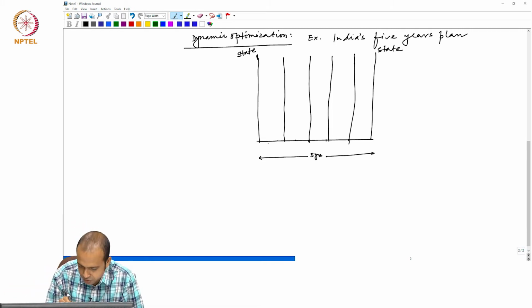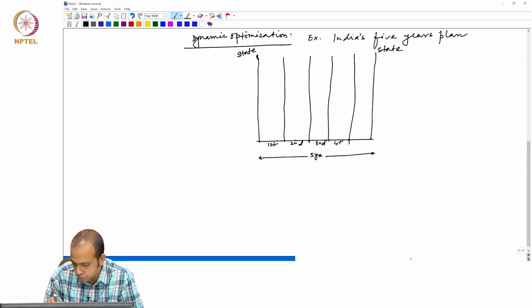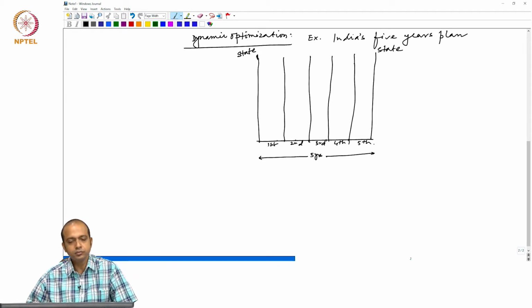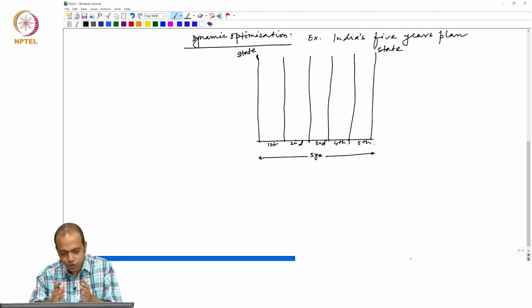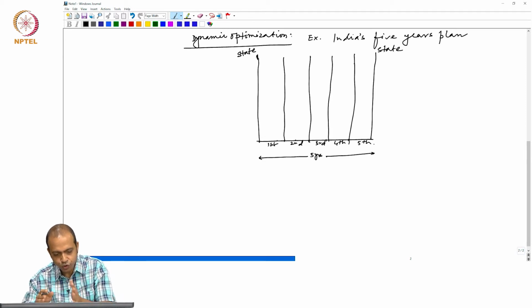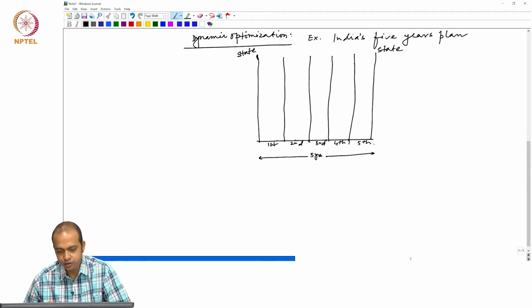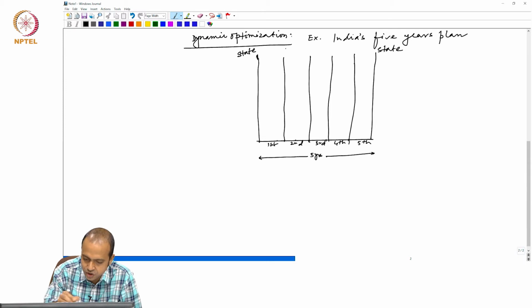This is the first plan period, this is second, this is third, this is fourth, and this is the fifth. I have divided these 5 years into small 1 year periods.